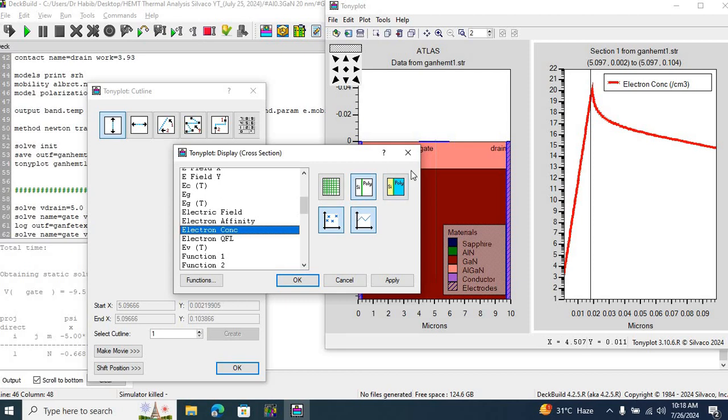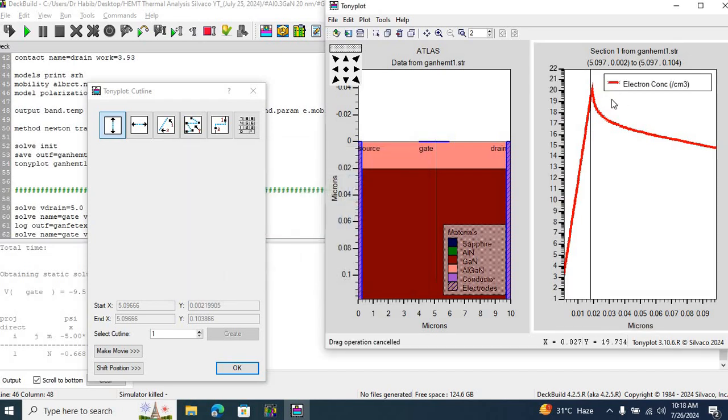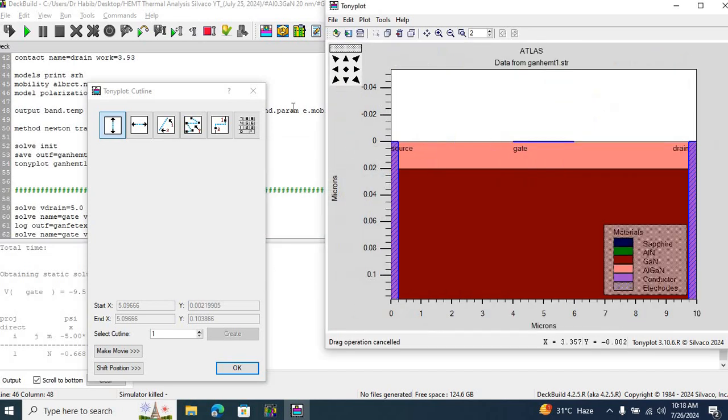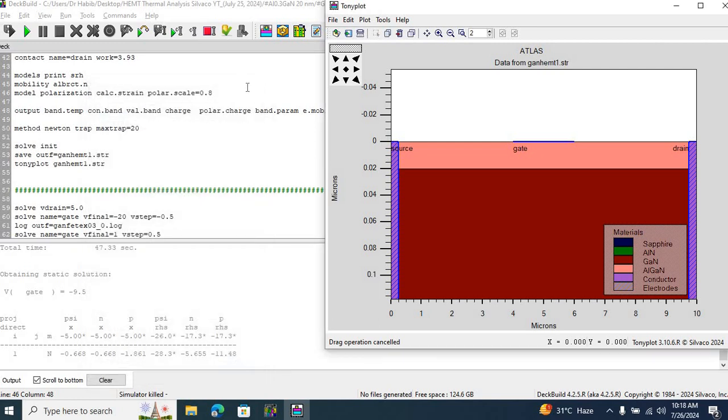Even under thermal equilibrium, you can see that the carriers are confined to this quantum well, to this two-dimensional electron gas channel. So a two-dimensional electron gas occurs when electrons are confined to an interface between the aluminum gallium nitride and the gallium nitride layer.